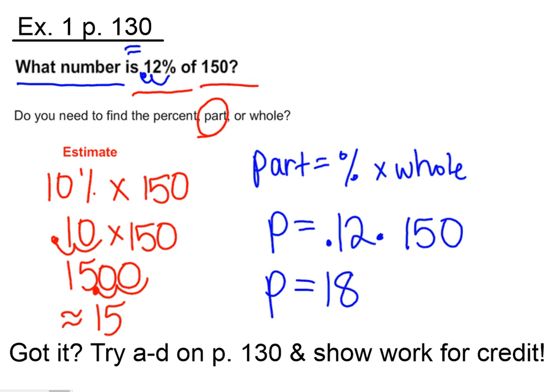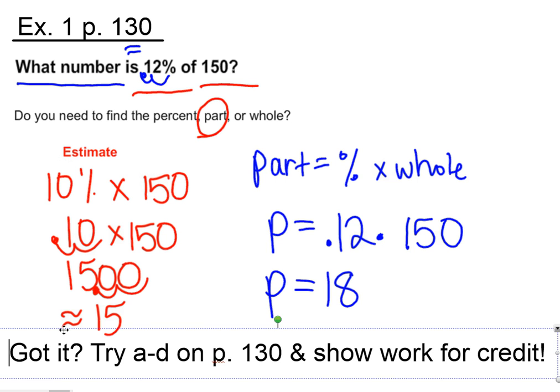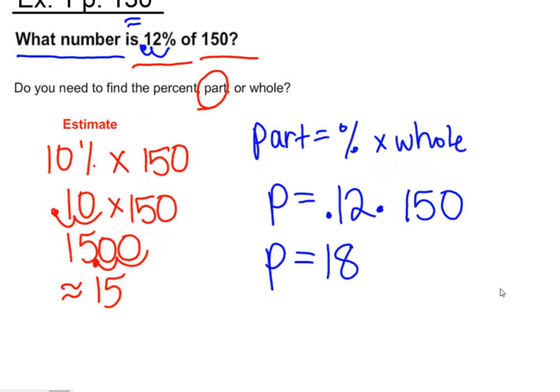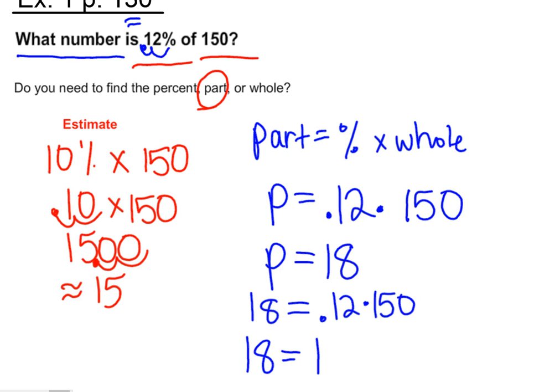But now, the book recommends we check our work, and so do I. In order to know if we got the answer correct, there's an easy way to check. What we can do is, now that we know what the part is, we can set it equal. So 18 is equal to 0.12 times 150. Well, 0.12 times 150 is 18.